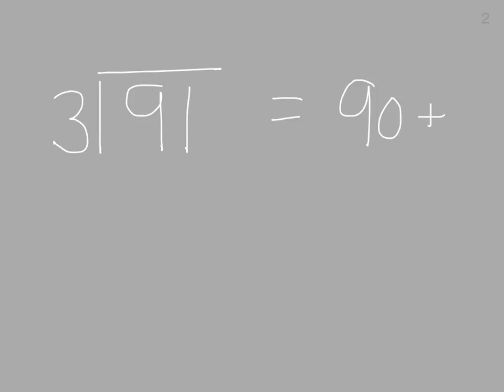And the answer is 30, of course, because 30 times 3 is 90. So I'm going to put my 30 at the top here. Again, we have the 0 over the units place because we are looking at the tens. And we don't want students getting confused and putting the 3 in the wrong spot. So 3 times 30 is 90.